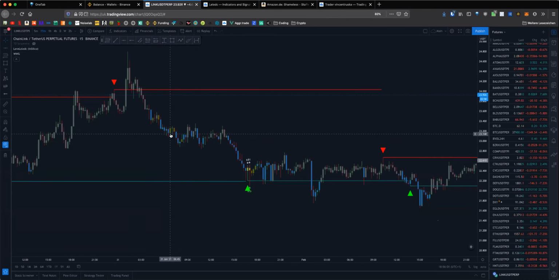And then the green and the orange one is RSI and stochastic is oversold, and then there's RSI, stochastic, Bollinger Bands and CCI oversold. This is the yellow ones.